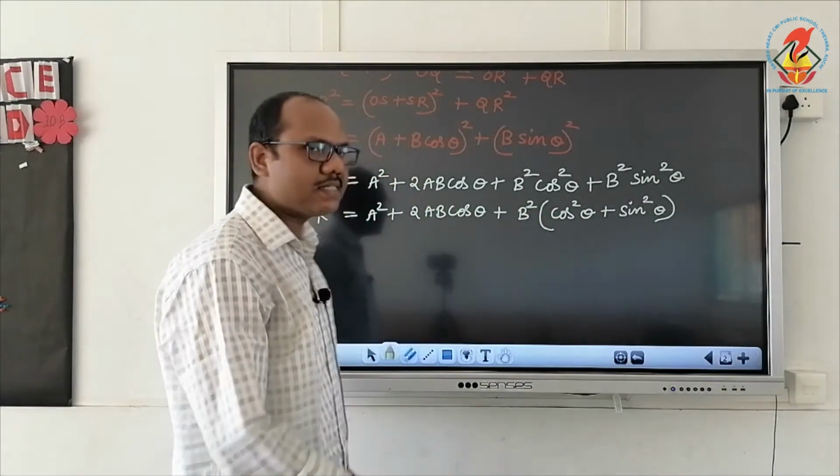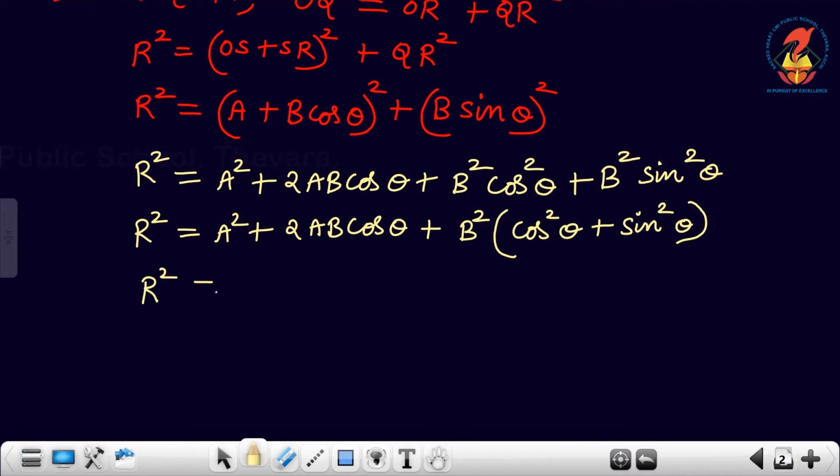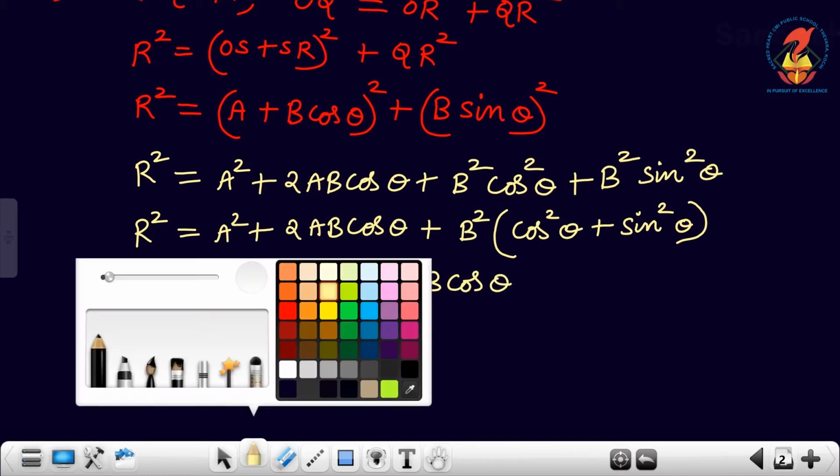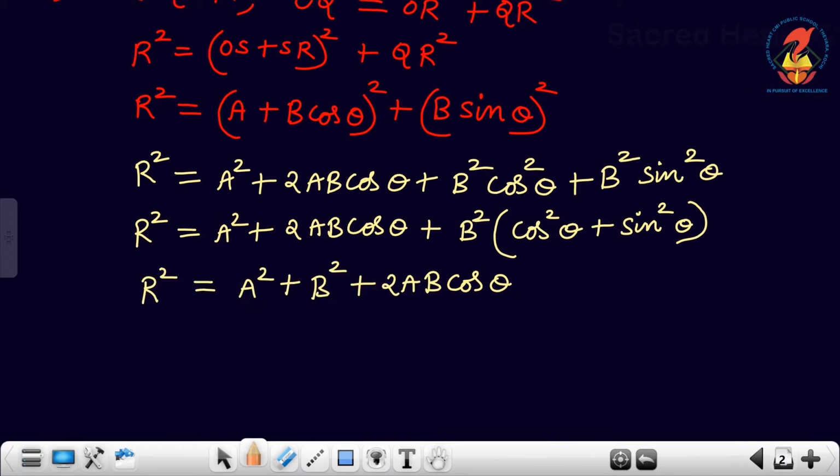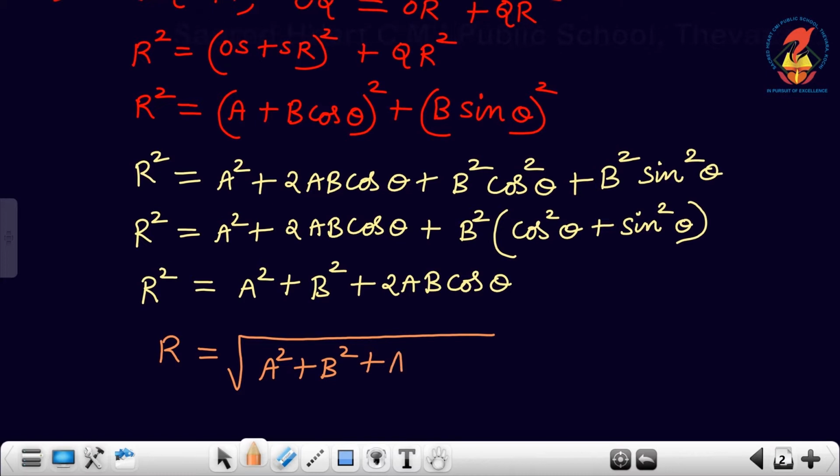So I rearrange this and I will get R square is equal to A square plus B square plus 2AB cos theta. So from here, what is R? R can be written as root of A square plus B square plus 2AB cos theta.